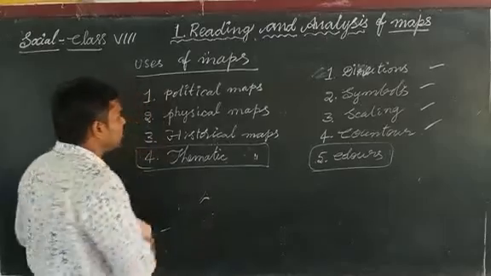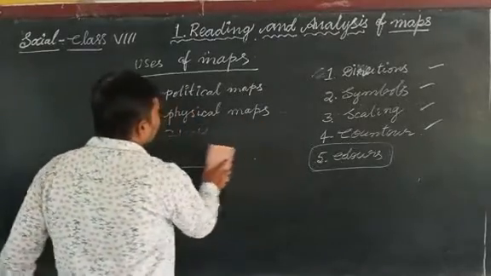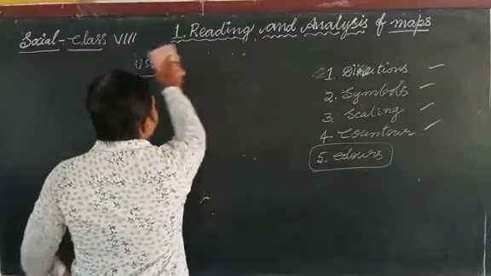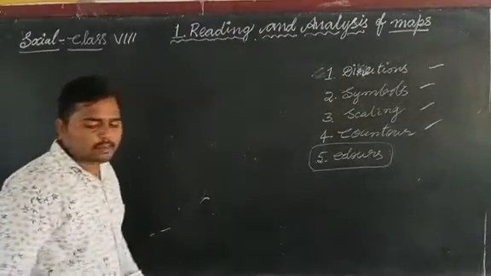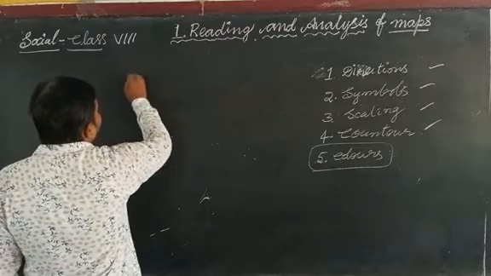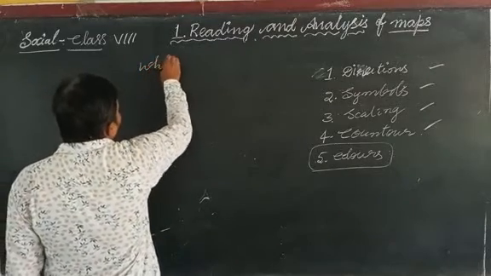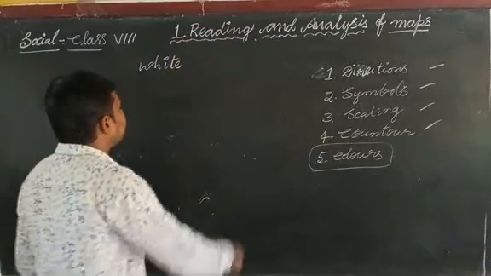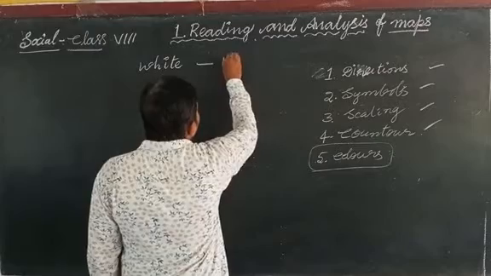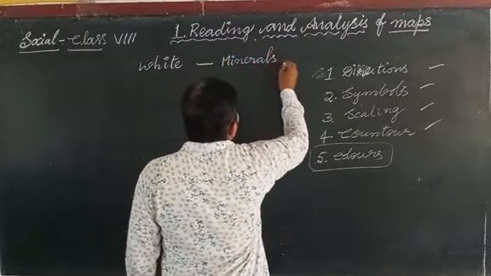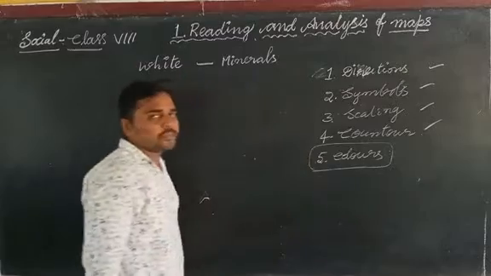Some common colors and some common symbols which we have learned in the previous class, once again we should remember them. Suppose if you see the white color in thematic maps, white color represents the minerals in a particular location.